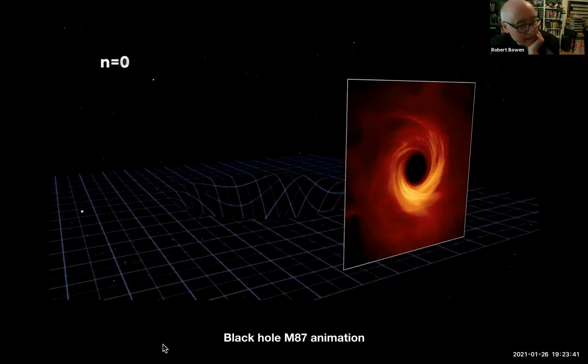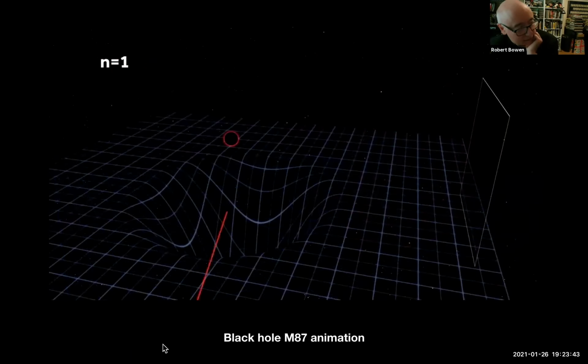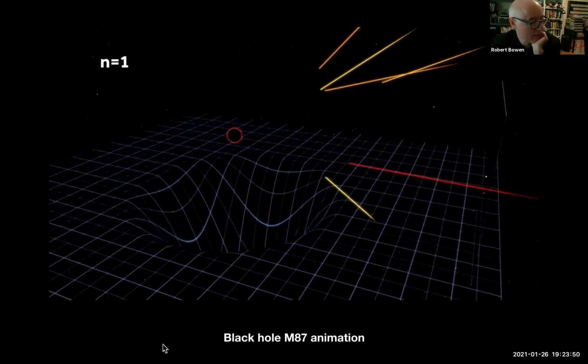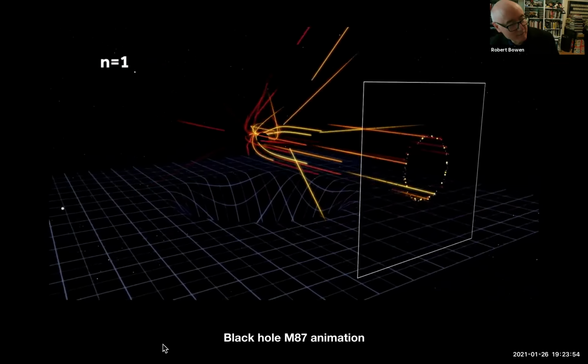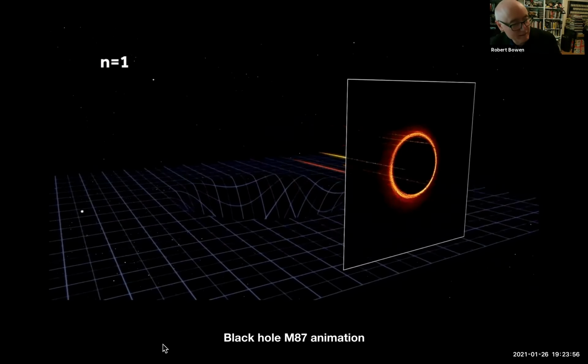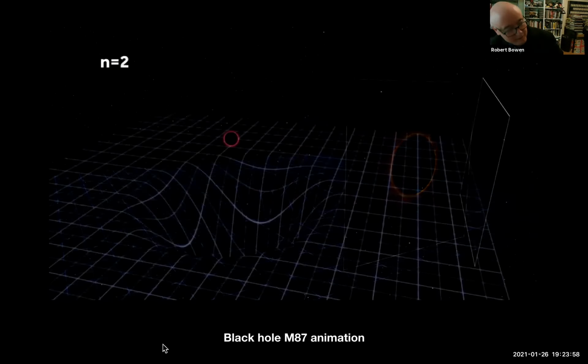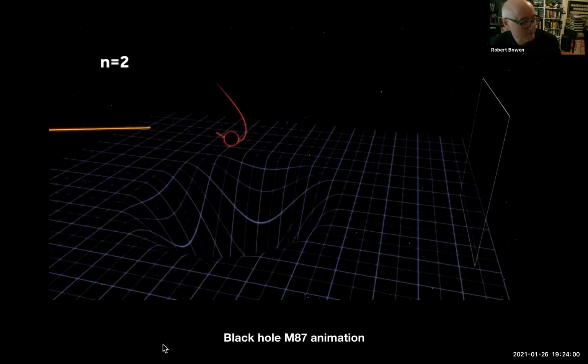But from another angle, it looks like the image that we just saw. So everything depends on where you observe from, because that's what it really looks like. But then from the perspective of another observer, it looks like a circle.